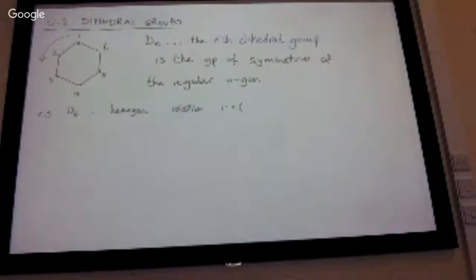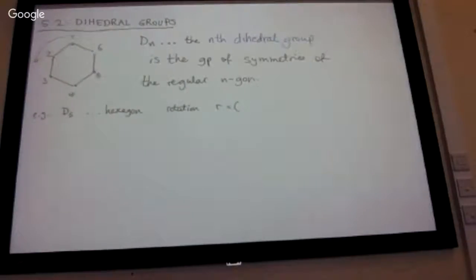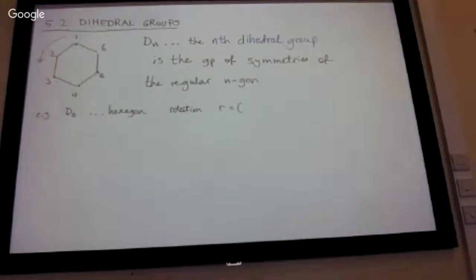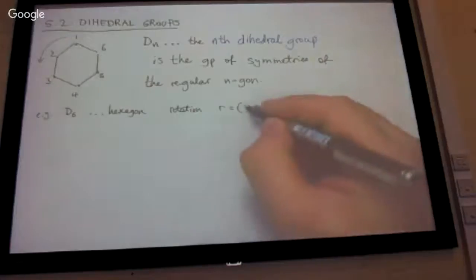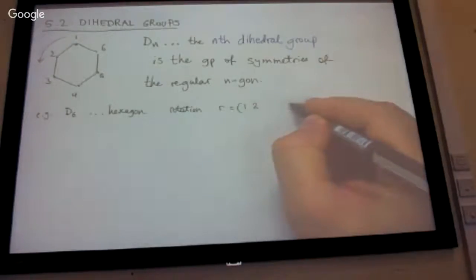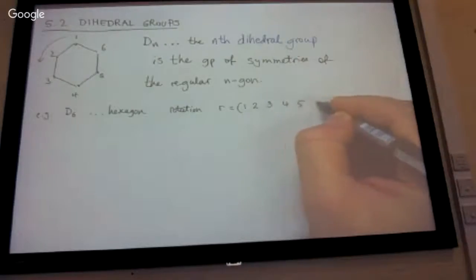Anti-clockwise, yes. I can write it as a permutation of the vertices, which is 1 goes to 2, 2 goes to 3, 3 goes to 4, 4 goes to 5, 5 goes to 6, 6 goes to 1. So it's like a cycle.